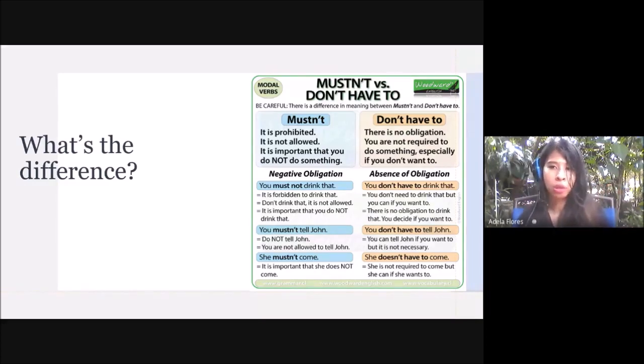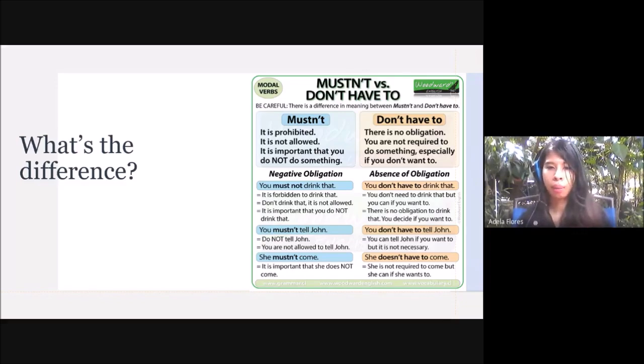And don't have to means that there is no obligation. You are not required to do something, especially if you don't want to. Entonces, don't have to es para cuando queremos expresar que no hay una obligación de hacer algo o que no es algo que se necesite que se haga, especialmente cuando no hay esa voluntad de hacerlo. Okay?